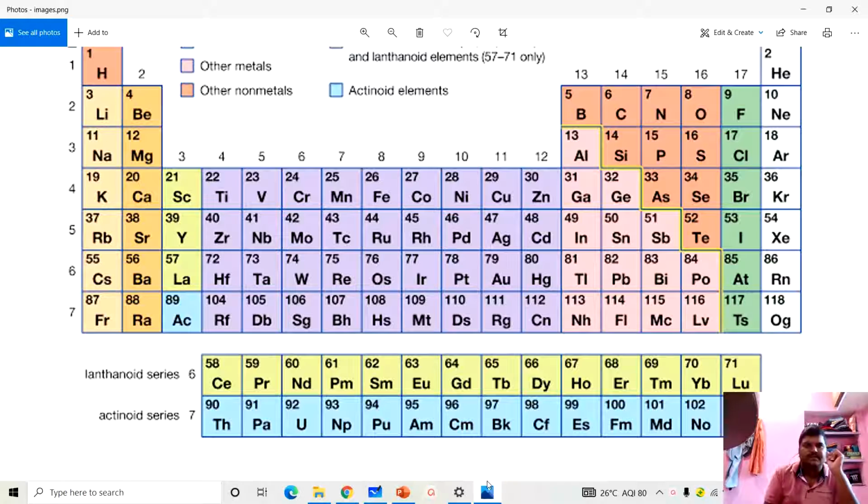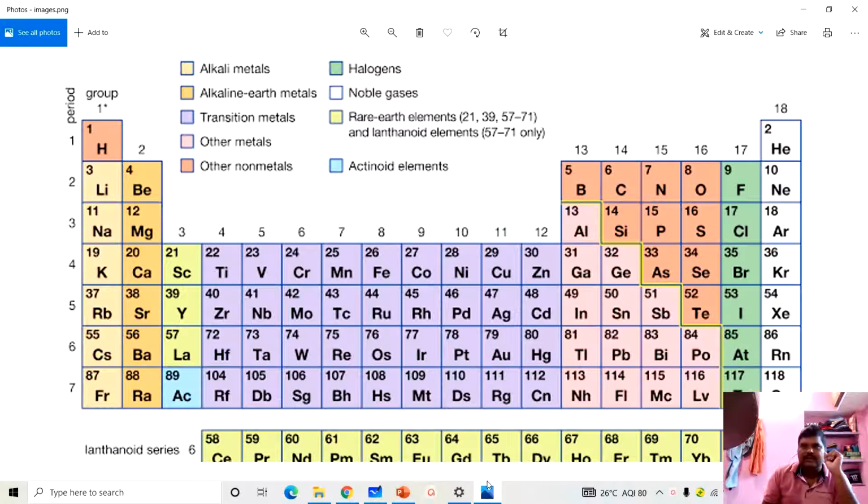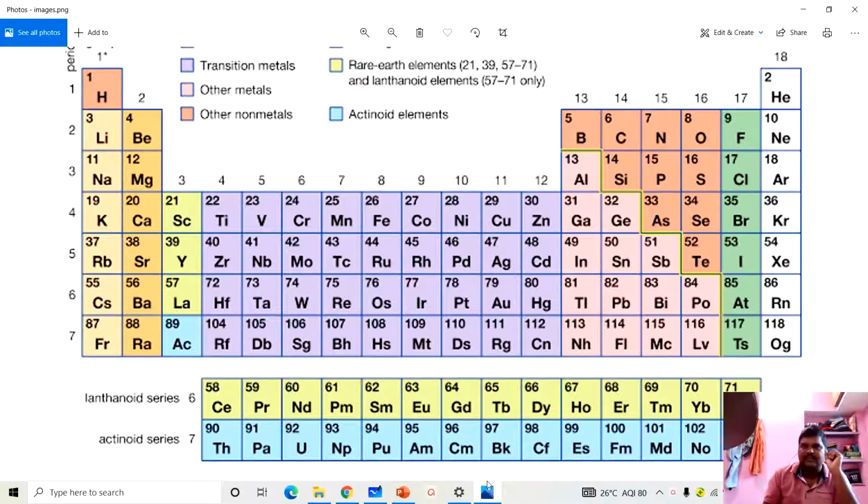So S block is the first and second groups, P block is 13 to 18 except helium, D block is 3 to 12, and this is F block.